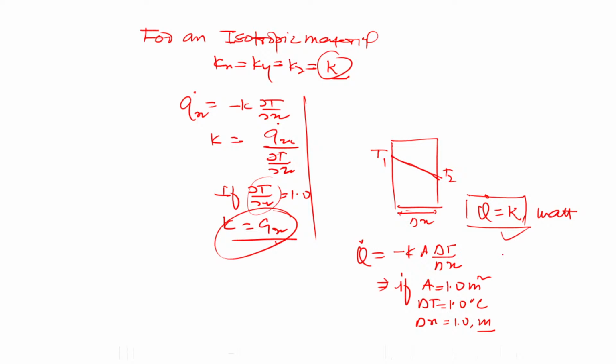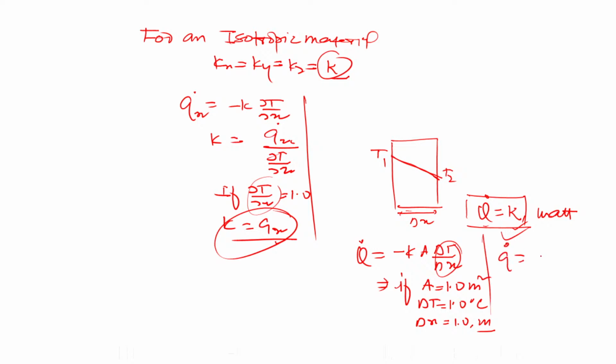The thermal conductivity is a measure of rate of heat transfer. You can see here, if K is high, the rate of heat transfer is high, if we have maintained the same area and same temperature gradient. In terms of flux also you can define. Flux is the rate of heat transfer per unit area.